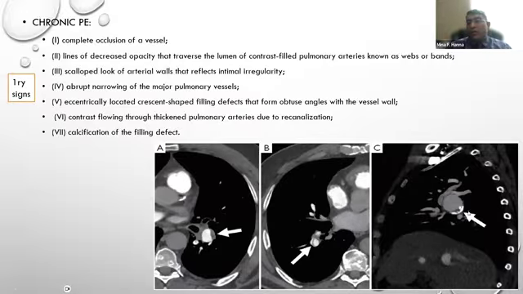You may also find calcification. This thrombus over time calcifies, and you will find pulmonary artery calcification.